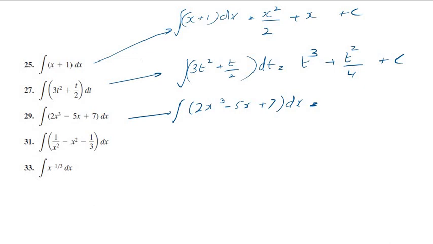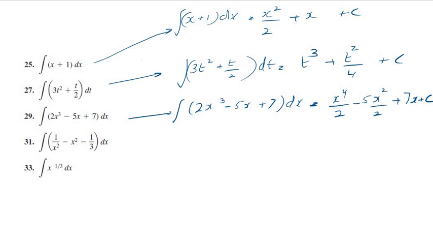When we add 1, we get 4. So we get x to the power 4. When you divide it by 4, we have a 2 remaining. And minus 5, add 1 to the power, we get x squared divided by 2 plus 7, and 1 to the power, 7x plus c.